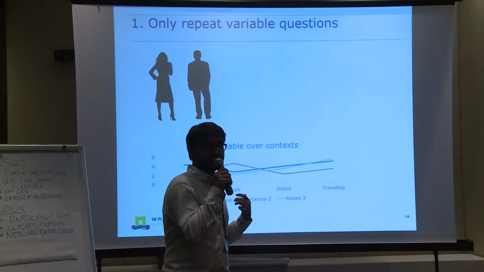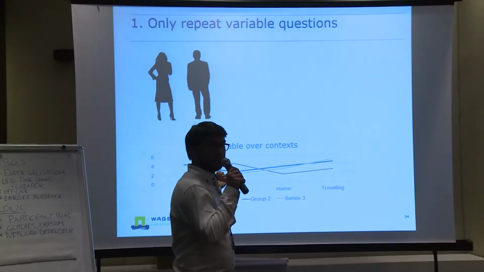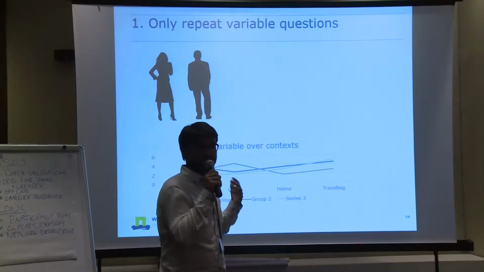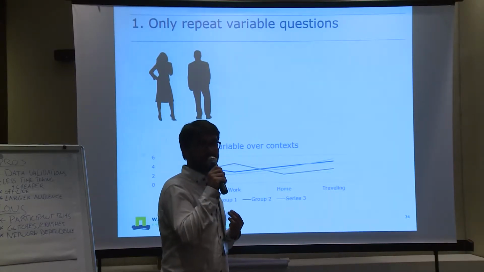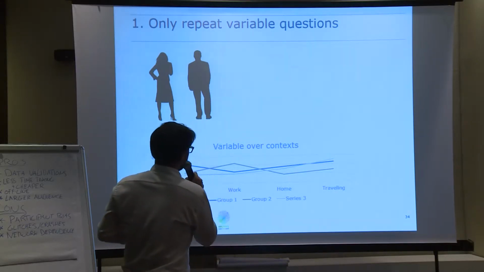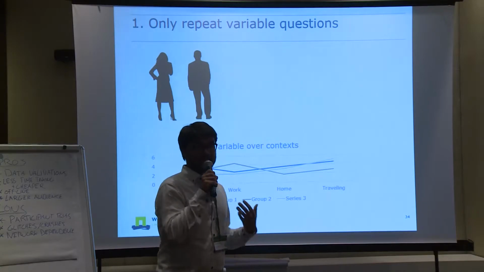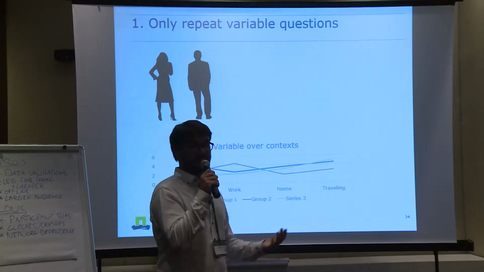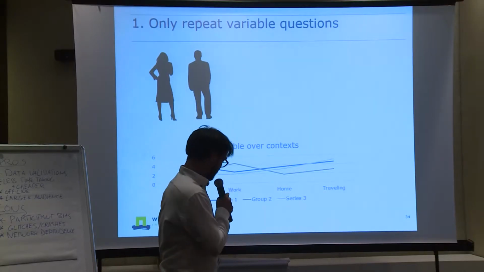If you give this to a developer that doesn't look at the content, this question will pop up more often, and it's quite sure that people will start getting annoyed if you ask them every day what their gender is. When you do want to repeat questions is if something is likely to change during the day or over a couple of weeks, those kinds of things.